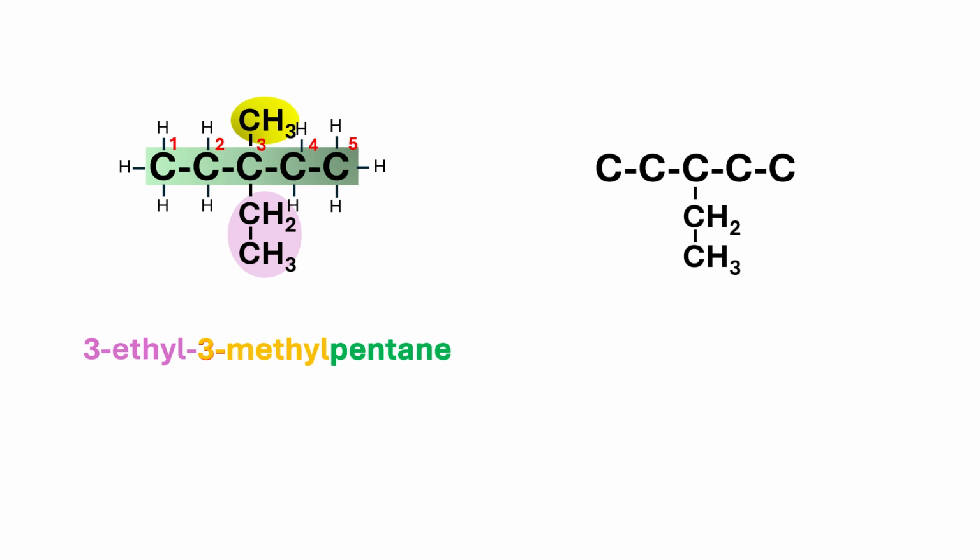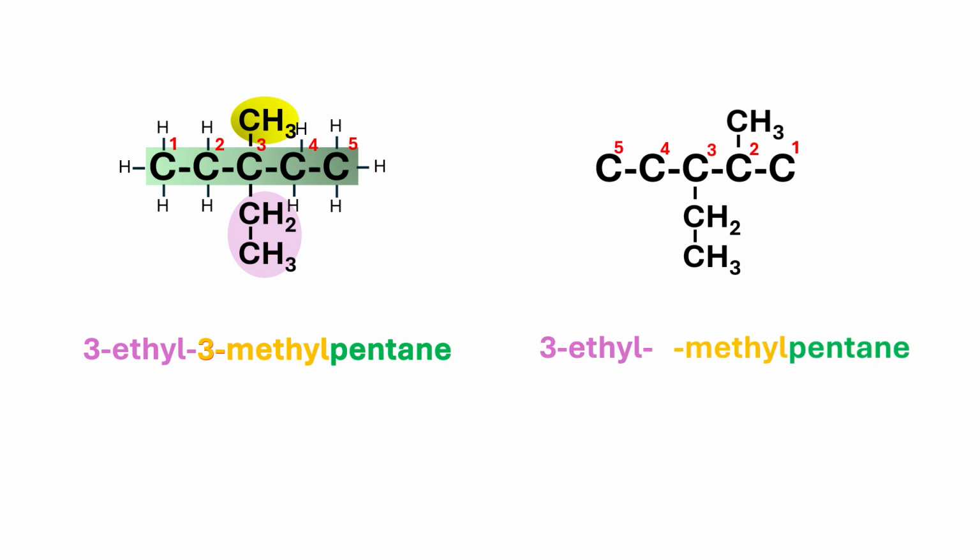And the next one, it'll be the same strategy, but I'll be sliding one of those groups to somewhere else. So the ethyl group happens to be on the 3rd carbon still, but this time it has to be counted from right to left because the methyl group is closer to the right-hand side of it. So we always count the main chain from the side that's closer to the side chain.